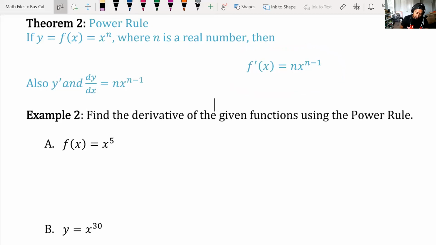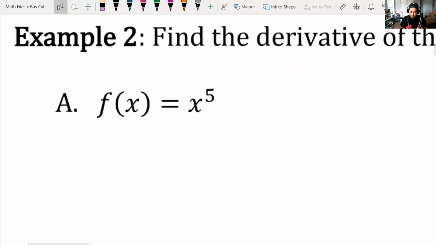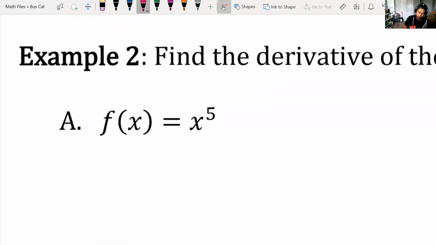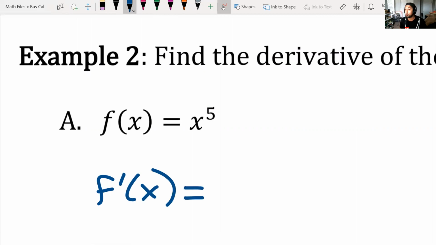Okay. So let's go ahead and try the power rule out for these derivatives. So once again, we're learning the shortcut. We have earned it. So if we want the derivative of x to the 5th, we will say f prime of x. And the way the power rule works is the 5 comes down, and I'll do it step by step for this first one.